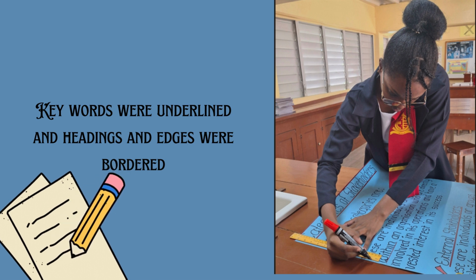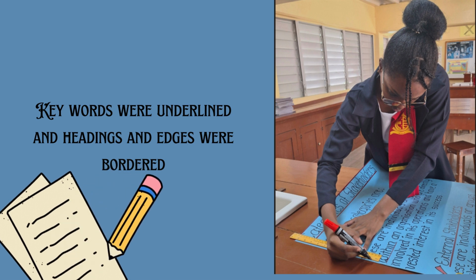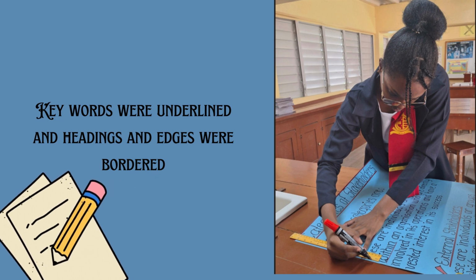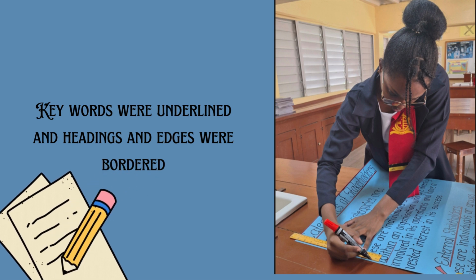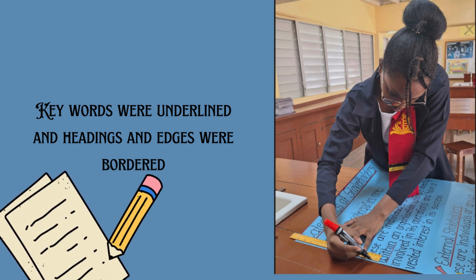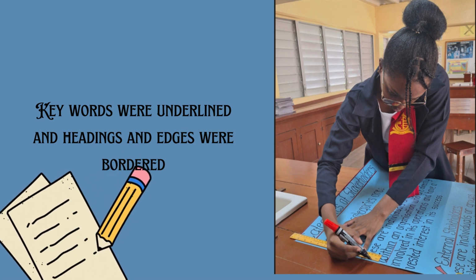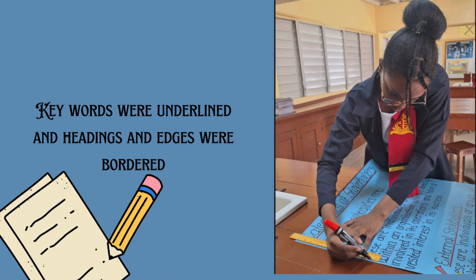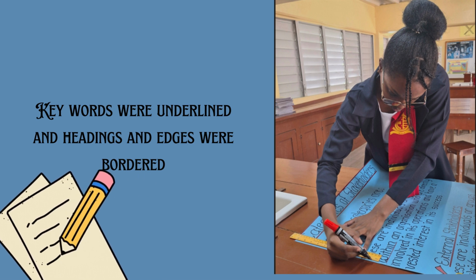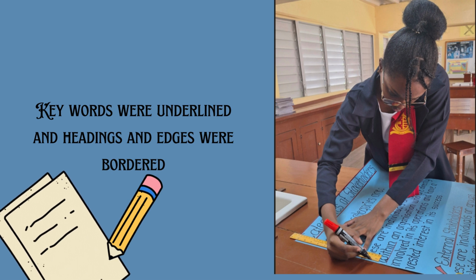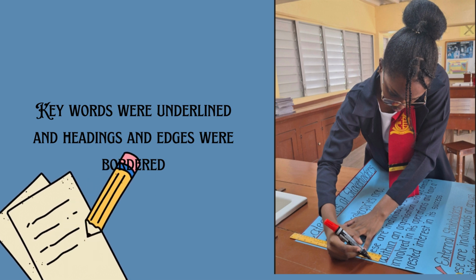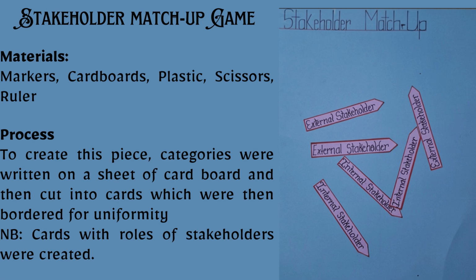This aid would be used to help the students to understand the categories of stakeholders and who they are. And for my next resource that I used, it was a stakeholder matchup game.